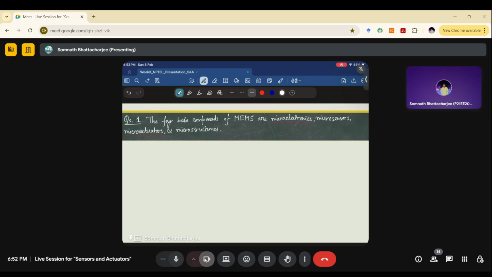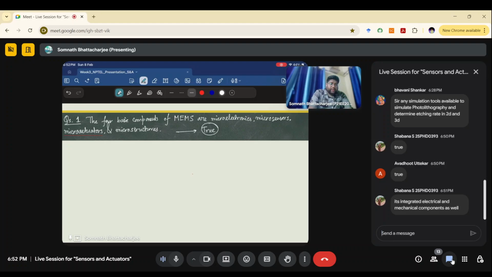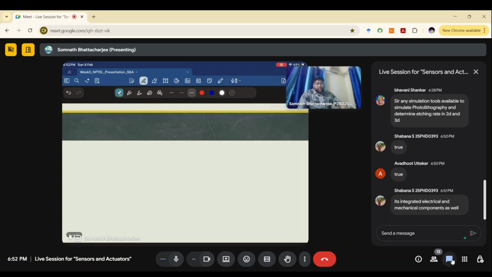Yeah, that's correct. So the statement is true. Microelectromechanical systems consist of microelectronics, that is similar to the CPU part of a PC. Microsensors, microactuators: sensors sense and actuators actuate, and microstructures are structures that combine this complete process, and that gives specific components that are needed apart from these three. So let's move on to the next one.